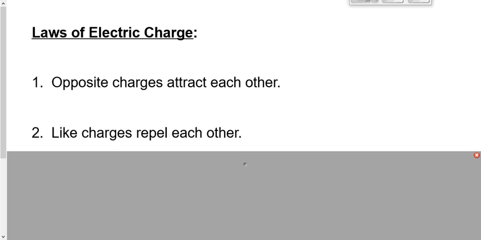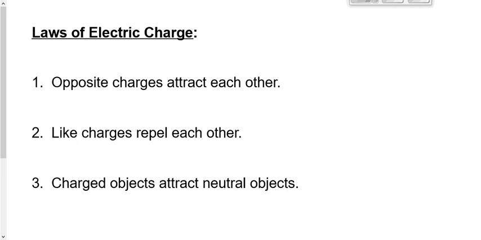And finally, the 3rd one, which we're going to build upon here in a little bit today, says charged objects will attract neutral objects. That's important. Charged objects don't attract neutrons.